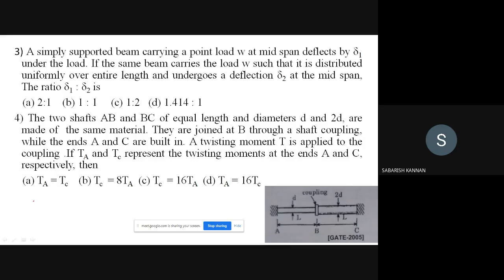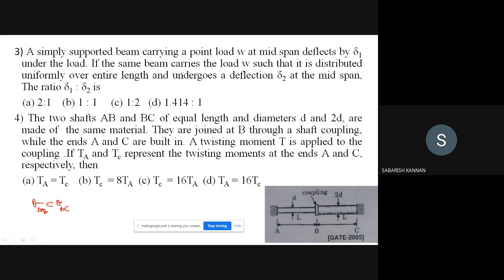So here theta value equal, this is AB shaft and this is for BC shaft.